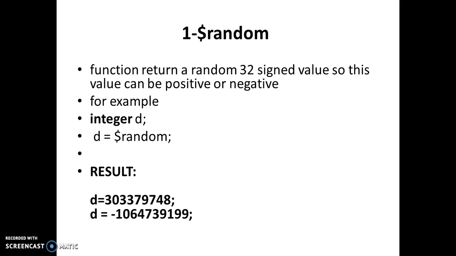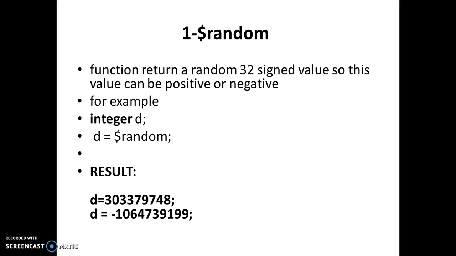Okay, the first one is $random. This function will generate random data which has a 32-bit value, but this value will be a signed value. Signed means it can be positive or negative. For example, we have an integer d, and we are trying to assign the random function to d.